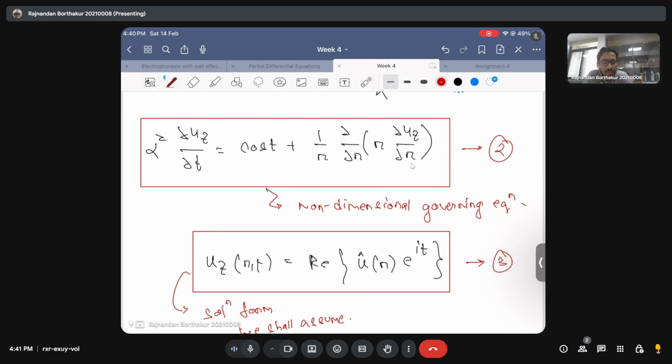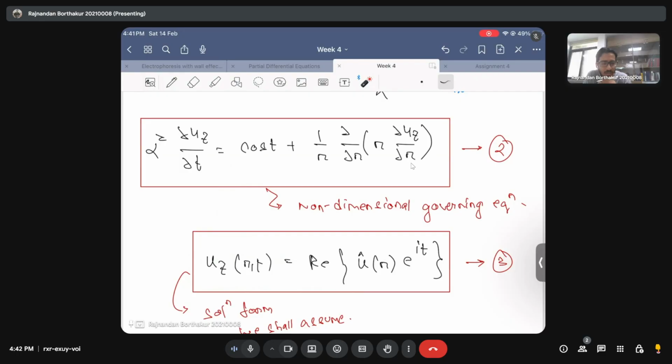We will finally find out the velocity profile, which is of course the ultimate objective, right? That's the ultimate quest of this problem. We'll substitute this into this equation, equivalently write down the boundary conditions in terms of non-dimensional versions, and then solve for this uz as a function of r and t. Finally, I'll convert the non-dimensional equation into the dimensional equation and show you that this is the exact equation that you got in the lecture series when solving things in a dimensional manner.